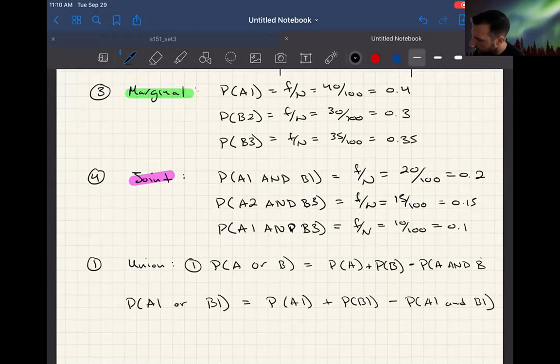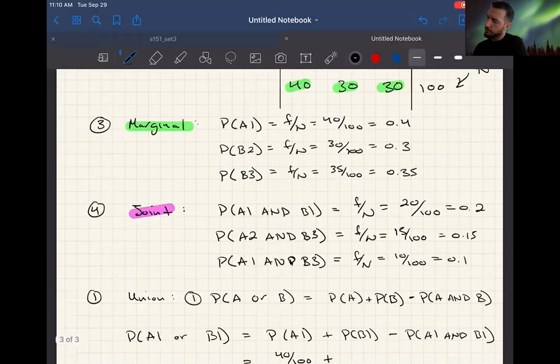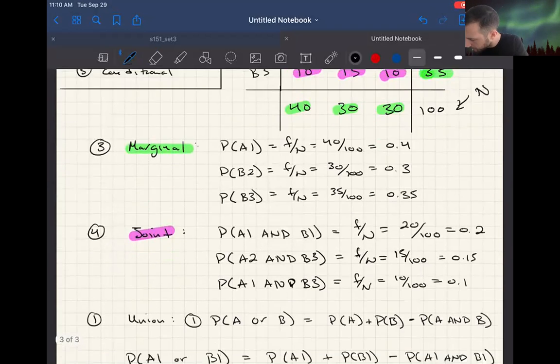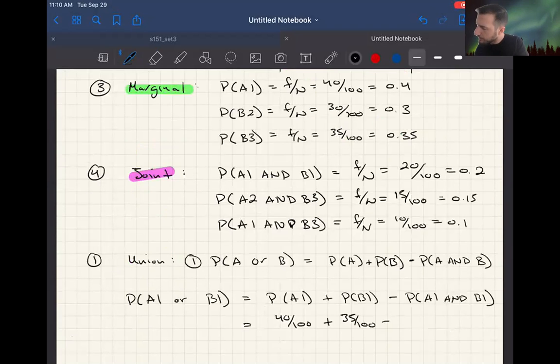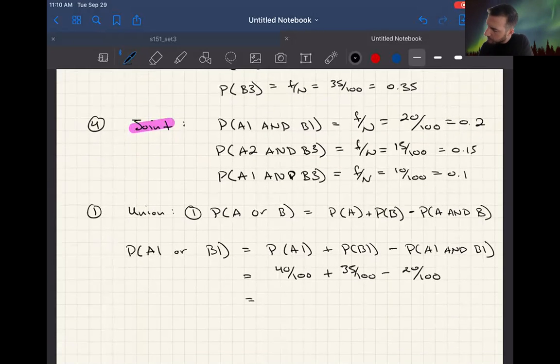There we go. And B, okay, and then I'm using capitals, so I should use capitals all the way through. Okay, so we're gonna have P of A1, which is 40 over 100, plus P of B1, which is 35 over 100, minus P of A1 and B1, which is 20 over 100. All right, so that's going to give us 75 minus 20, 55 over 100, which is 0.55.